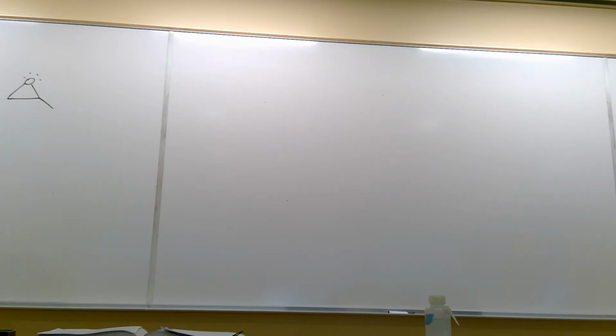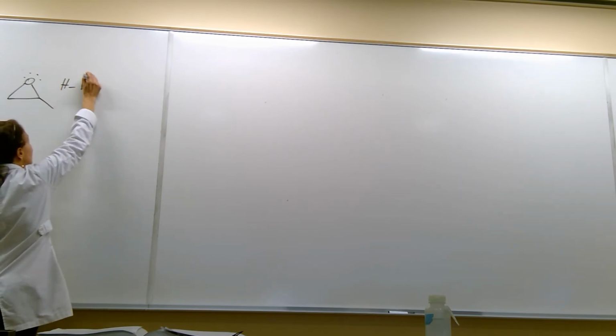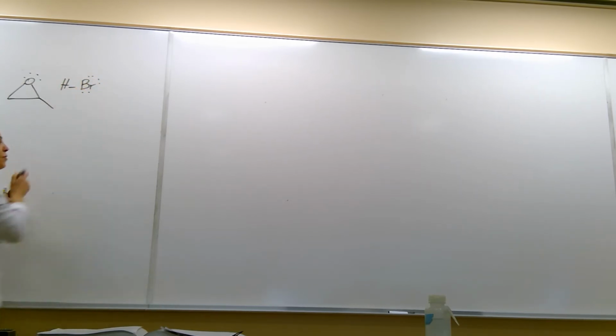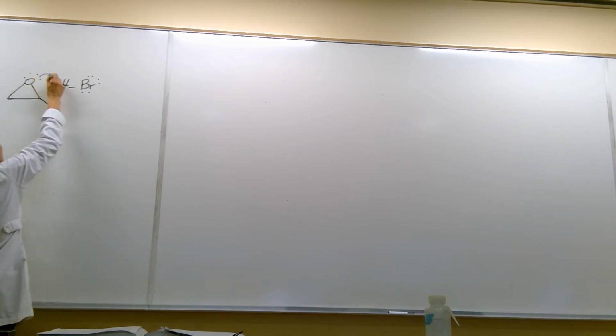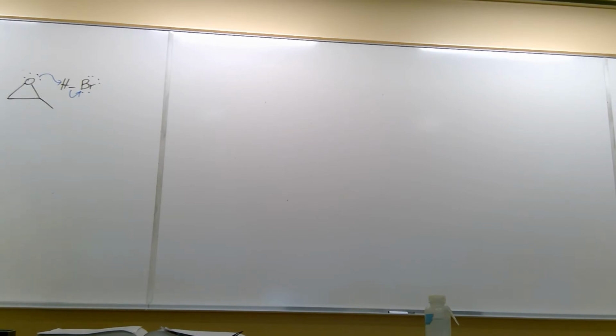So here, let's start with an acid. So if I bring HBr, okay? What's the first step? Always protonation. This is a nucleophile, this is an electrophile, this is a base, this is an acid. It's always protonation. So this takes the H, this takes the lone pair, the bond.